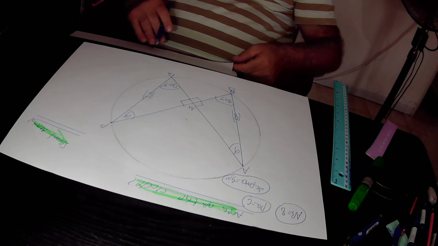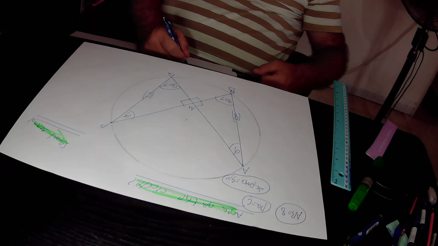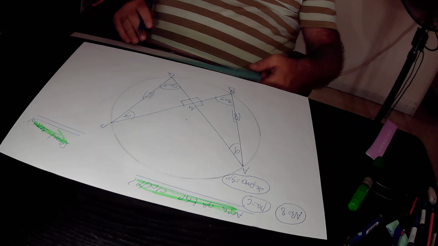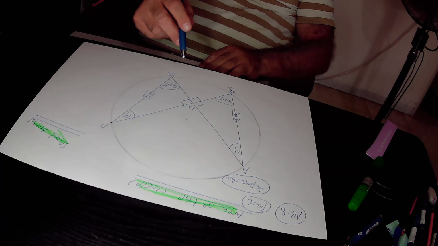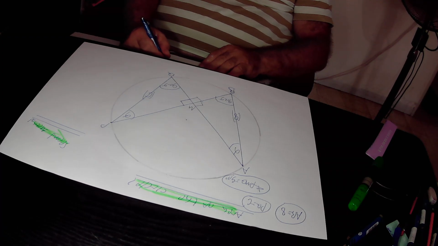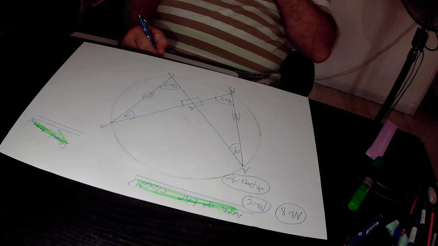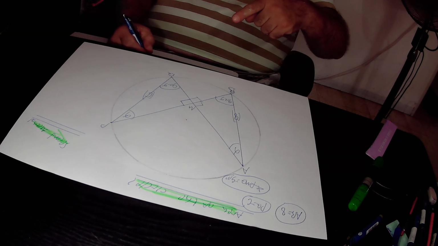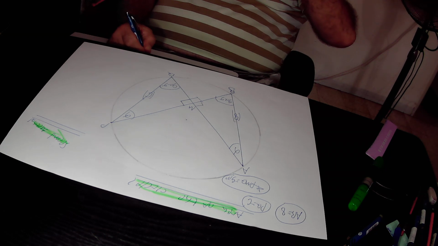AB is 8 over PQ, PQ is 6, and it is equal to MB over MQ, and it is also equal to AM over PM.